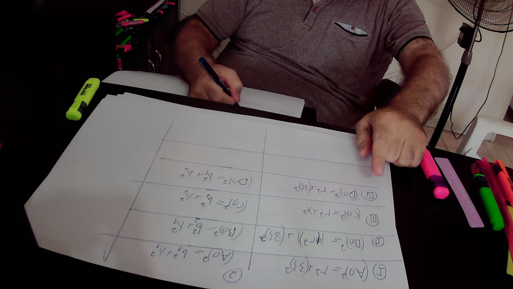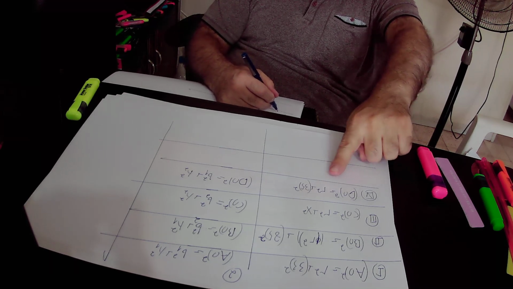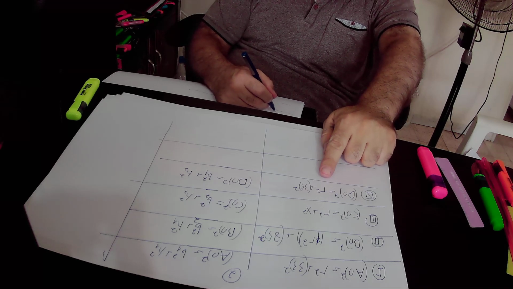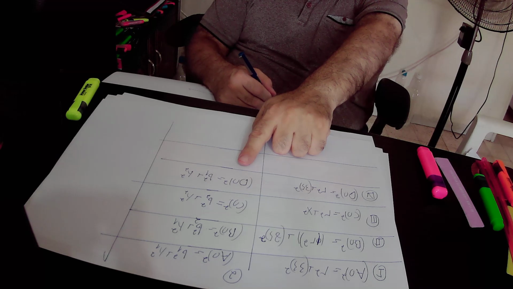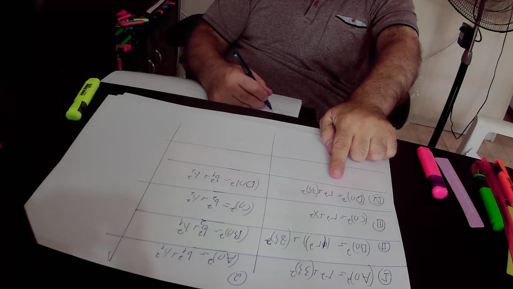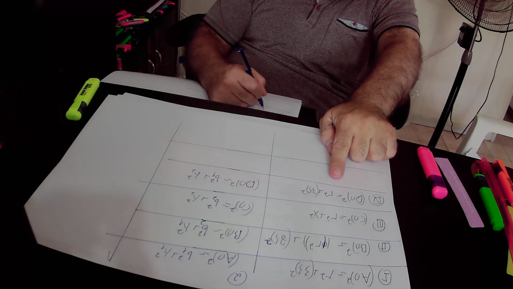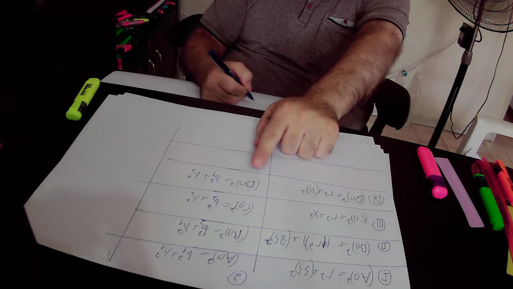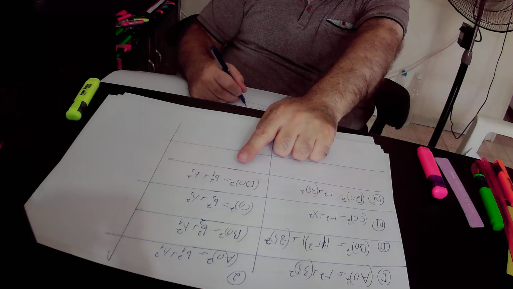And finally, we create equation number 4 that states that DO square according to this equation number 1 must be equal to DO square according to this equation number 2. So DO square according to equation number 1 is equal to R square plus 35 square, and it must be equal to DO square according to equation number 2, that is B1 square plus H2 square.